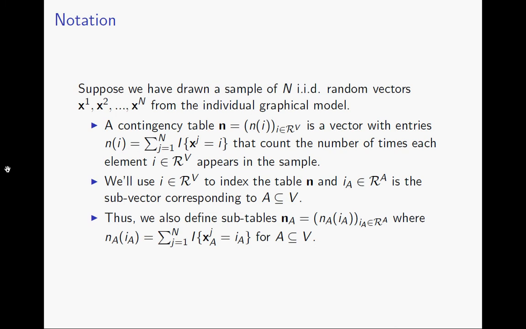We'll use indices like i to index the contingency table n, and we'll call i sub A the subvector corresponding to some particular subset A of V. By using i sub A, we can define subtables, n sub A, which are subtables of our full contingency table over all the nodes. It counts all the possible configurations of the nodes in subset A.